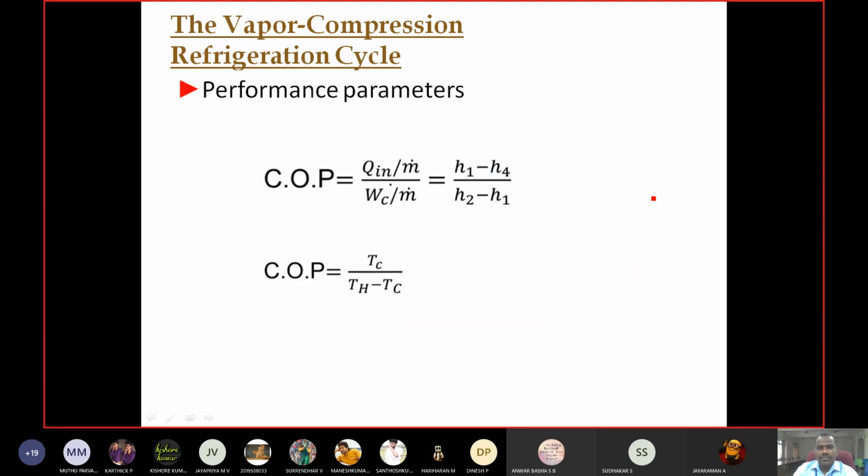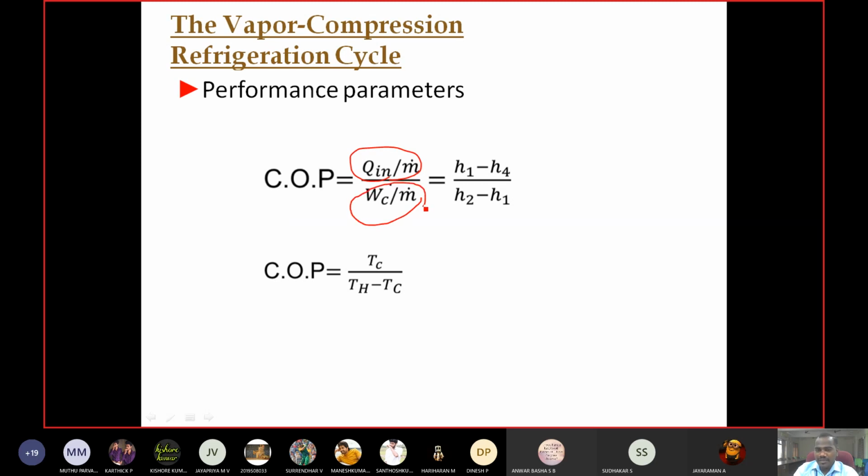The performance parameters of our refrigerator can be classified by COP, which will be output by input. Here Q in by m dot will be your output, and W compressor by m dot will be your input. Then we can have the equation. This is already in the condenser part, and this is already in your compressor part.